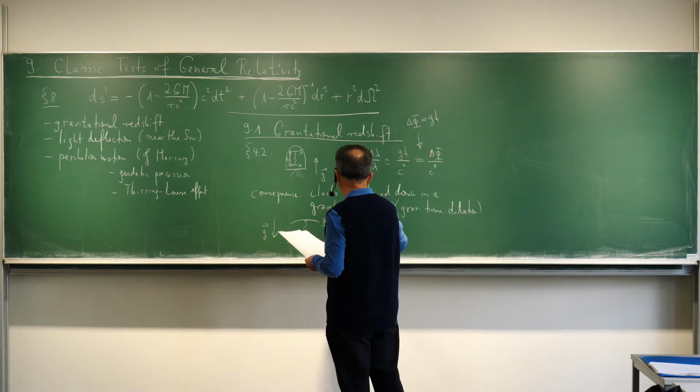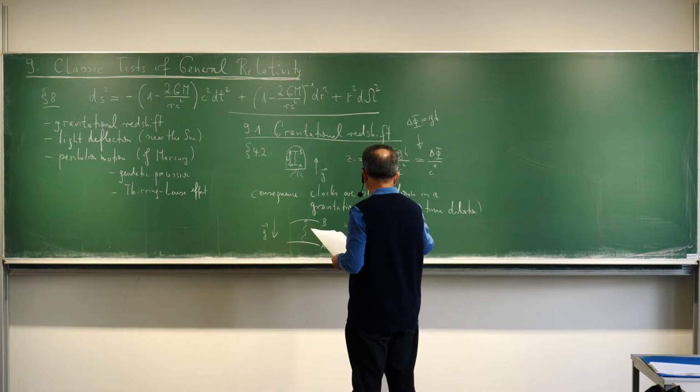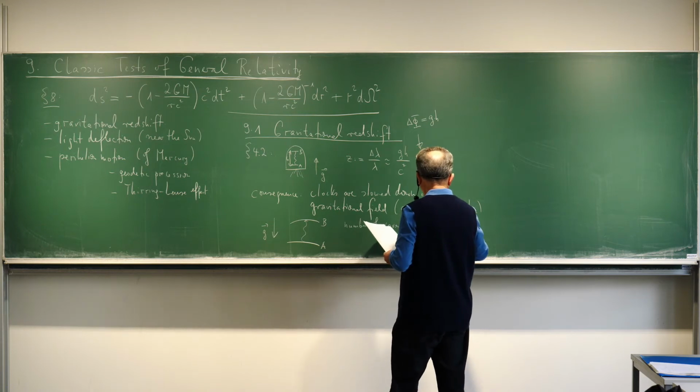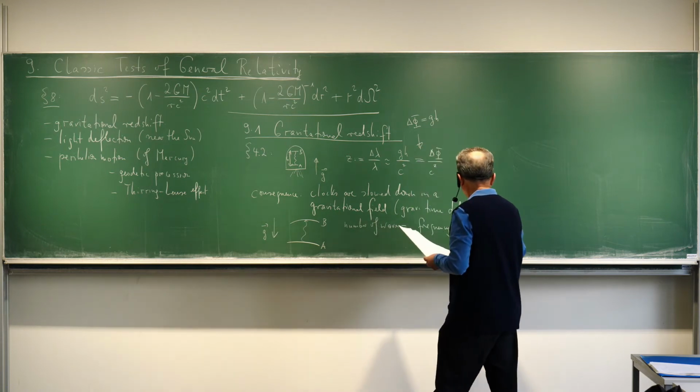So number of waves is the frequency times time interval.